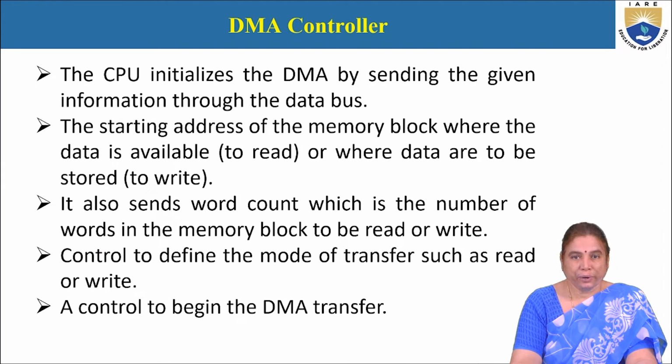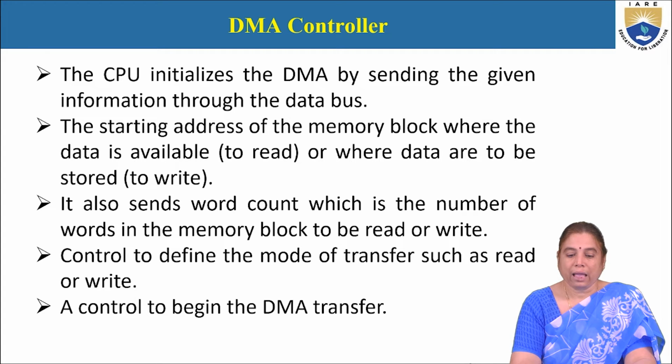So the CPU initializes the DMA by sending the given information through the data bus. Whatever data is there can be stored in the data register. The starting address of the memory block where data is available, or where data is to be stored, has to be decided with the help of this data register.